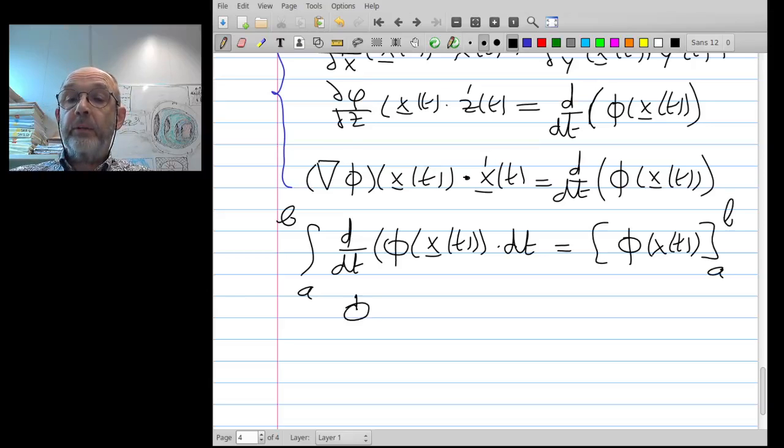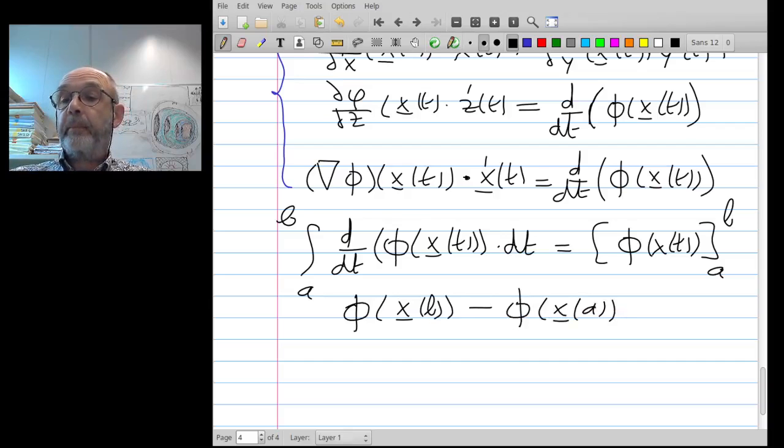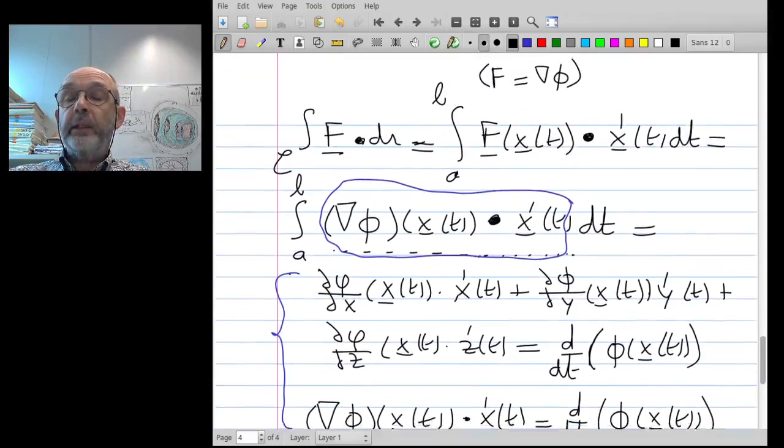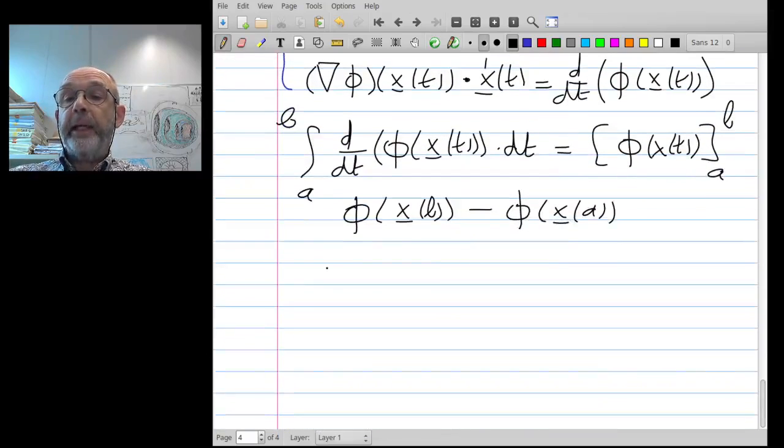What do we get out of it? The potential in the end point minus the potential in the begin point. And so we have really an easy expression for it.